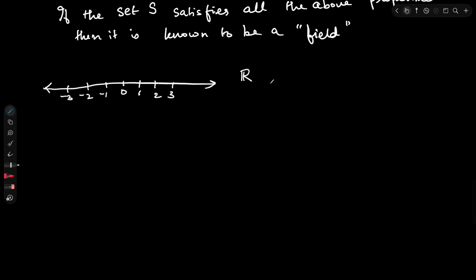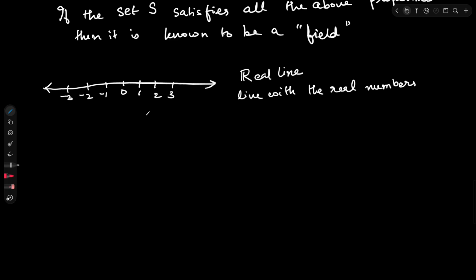We often call this the real line, the line with the real numbers. There are an infinite number of numbers in this line. Even between 0 and 1 there are infinite numbers. That's what real number means. So we have to know, is this a field?